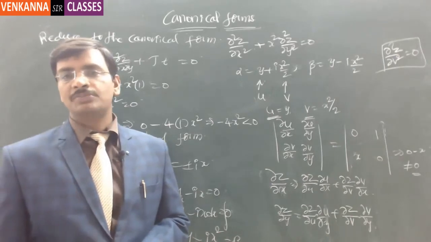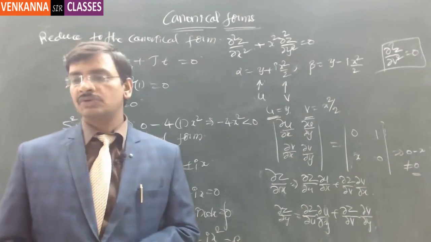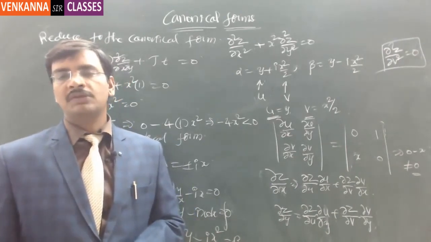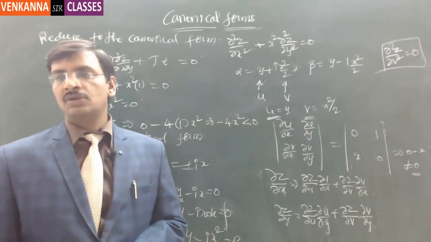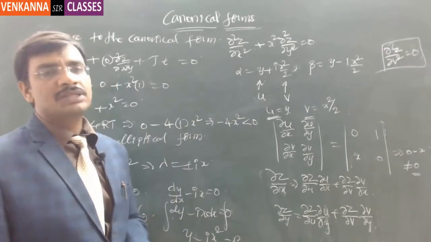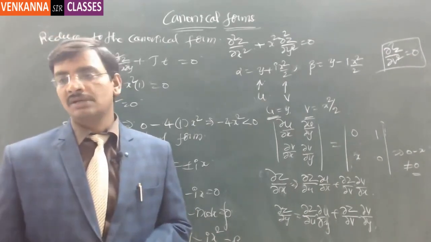That independence you can check by finding the Jacobian value, whether it is equal to 0 or not. If it is 0, then you cannot take that as the additional variable. If it is non-zero, then you can take it as a variable. You can bring your own variable of your own interest, any combination of x and y, but the combination should make your work easier.